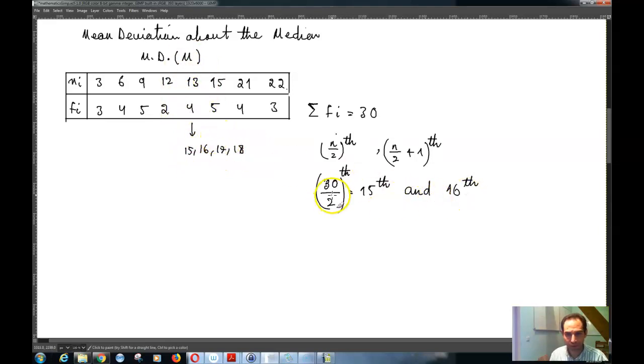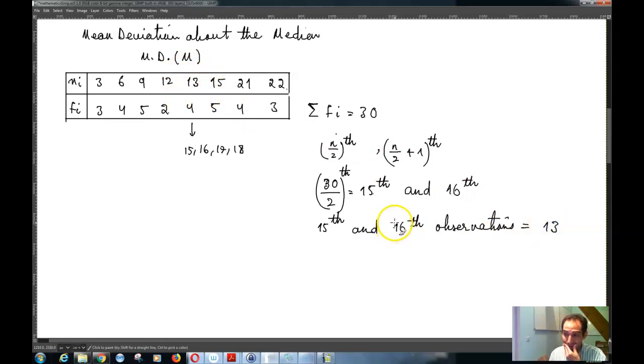So 15 and 16 are going to be the same number, 13. That means the 15th and 16th observations are going to be this x of i, which is equal to 13.